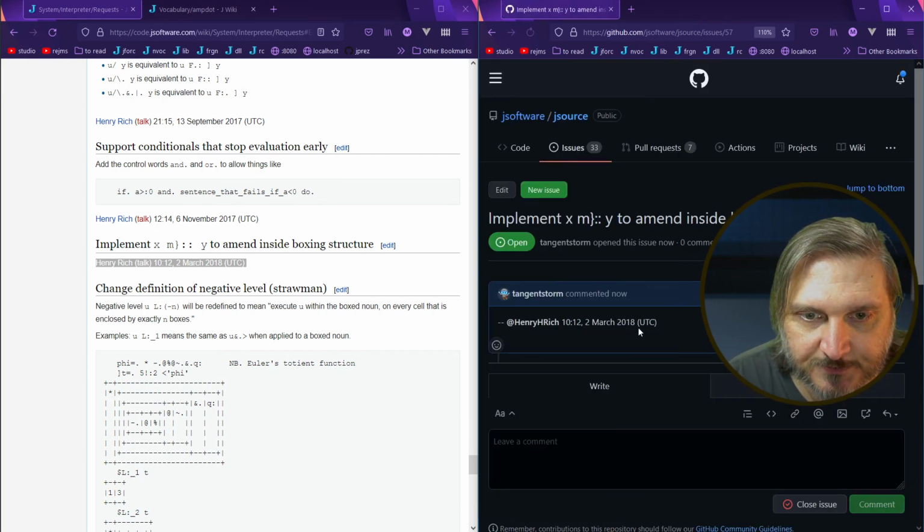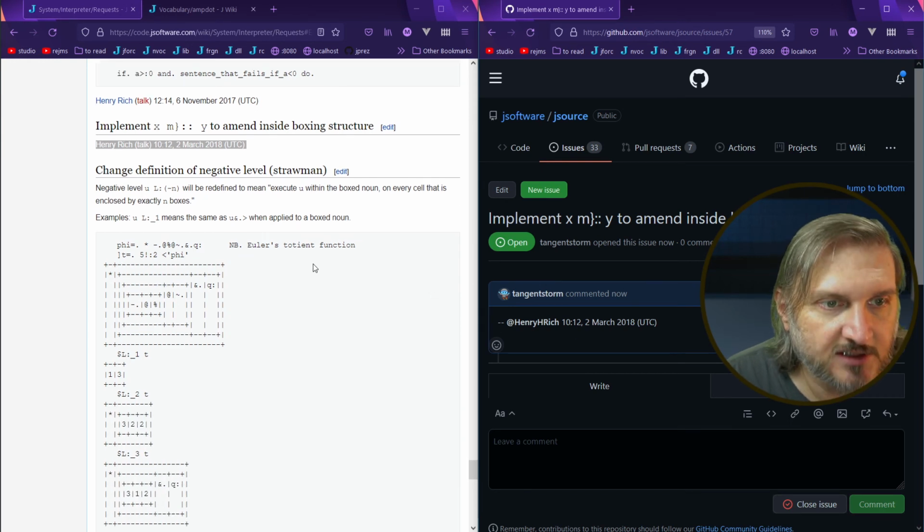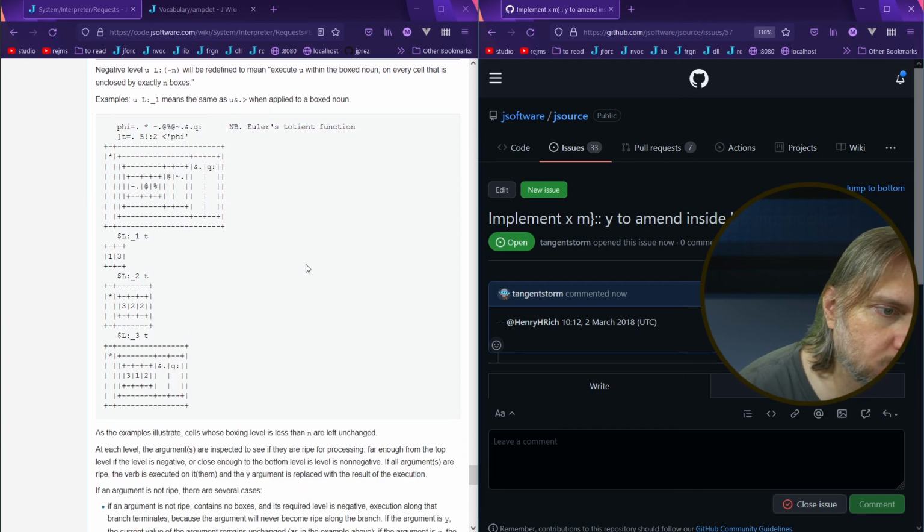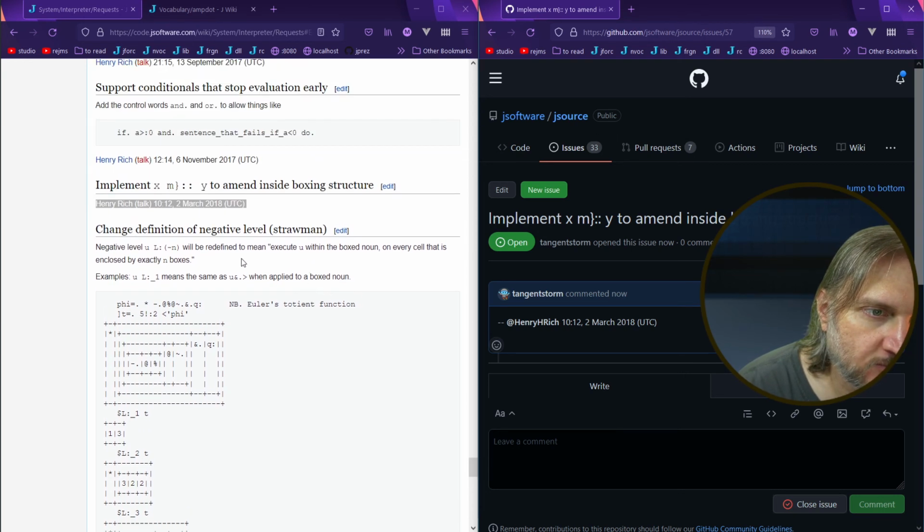Submit new issue. Change definition of negative level. Negative level will be redefined to mean execute U within the box noun on every cell that is enclosed by exactly n boxes. Interesting. So level is something like rank, but it has to do with the nesting of boxes.